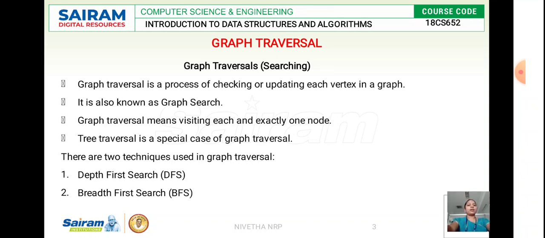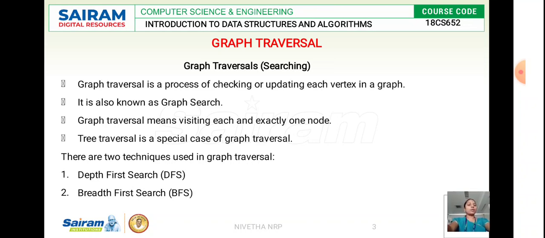Here we define graph traversal as the process of checking or updating each and every vertex in a graph. For each execution, the vertices of a graph get changed by values based on the operation we perform. So the purpose of searching is to check those updates in the vertices.